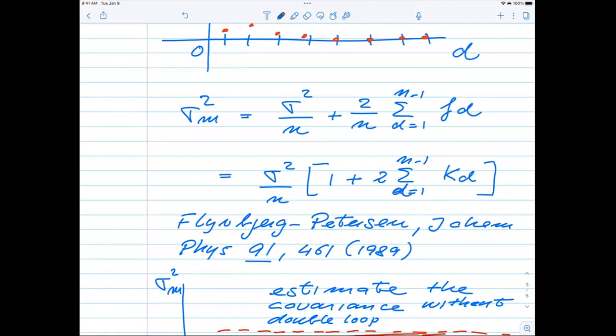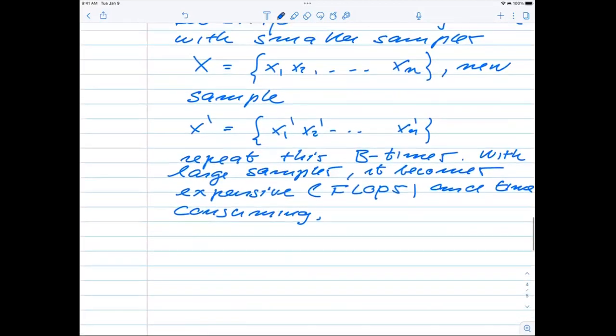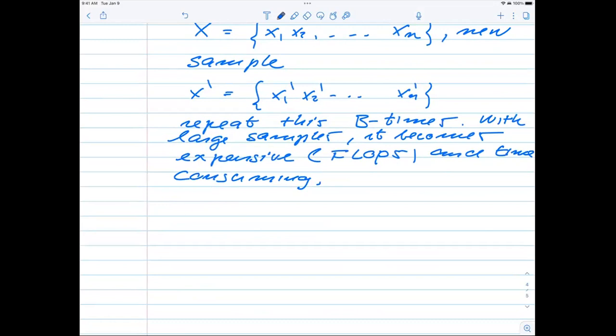And this was essentially what Flyvbjerg and Petersen started with. So let's take a look at the blocking method and go through the algorithm and the computational details behind it. So here I'm actually going to follow the article by Flyvbjerg and Petersen.